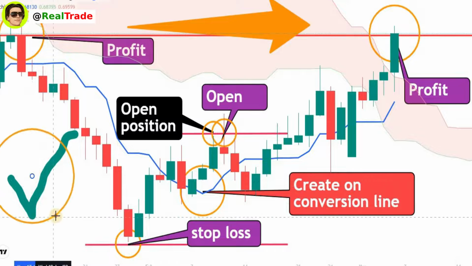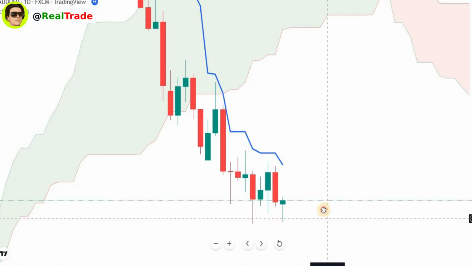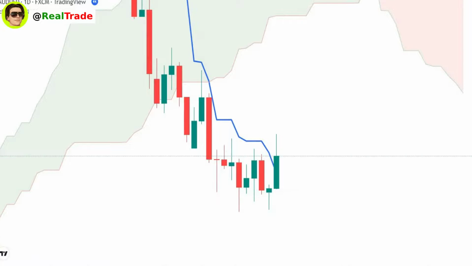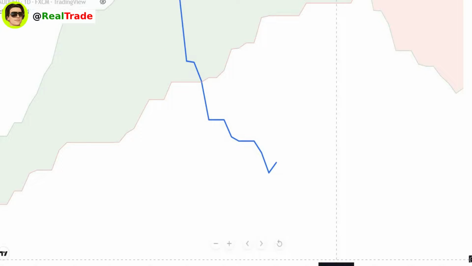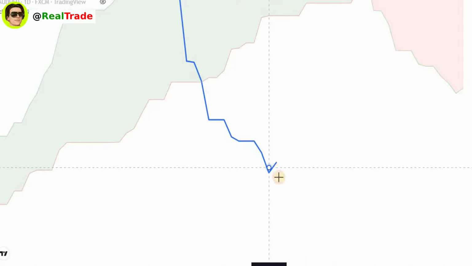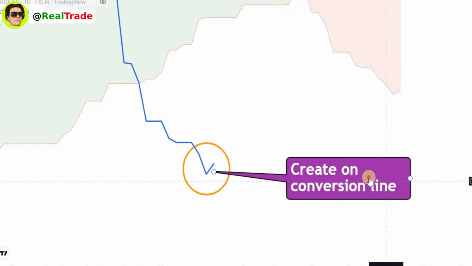Please watch this video hundreds of times and practice. Yes, the best position, great position. Continue. A high candle. This pattern on the conversion line is a buy position.